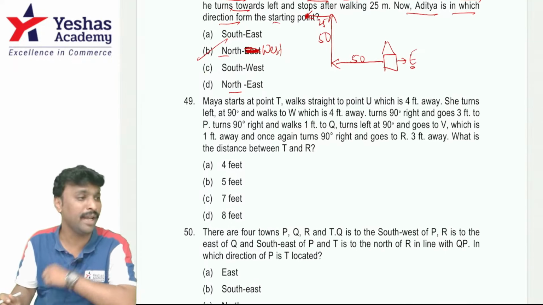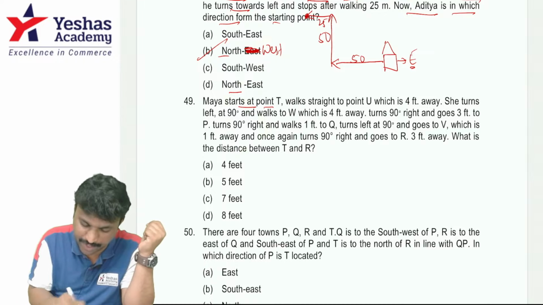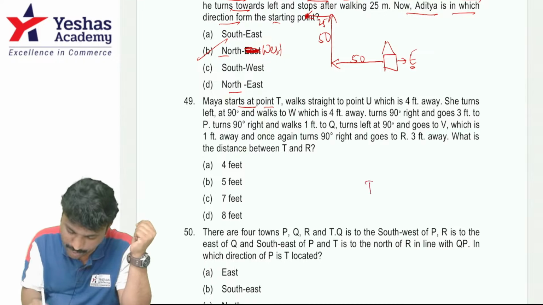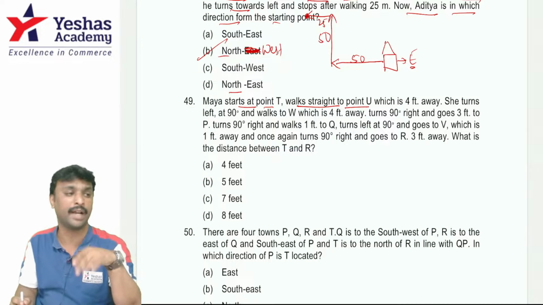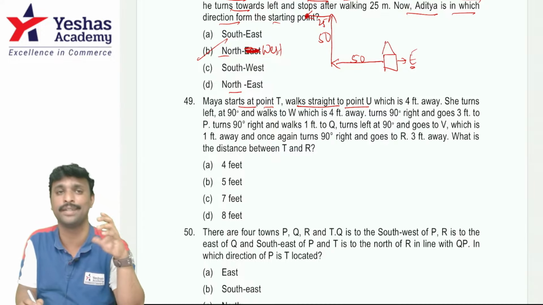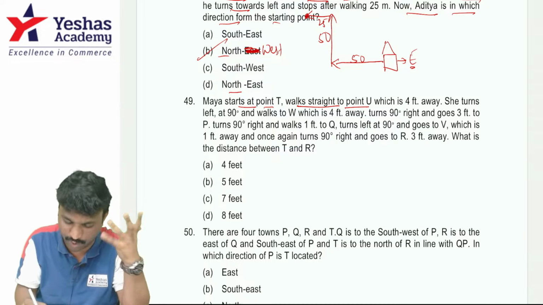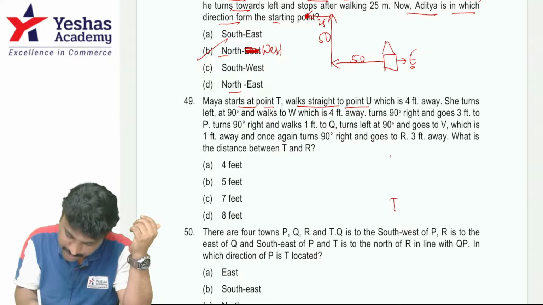Next question, 49. Maya starts at point T. Walk straight to point U. Guys, they have said just walk straight to point U. You can consider any direction. So I'll consider the convention that it is north. If not specified, she walks towards the north.